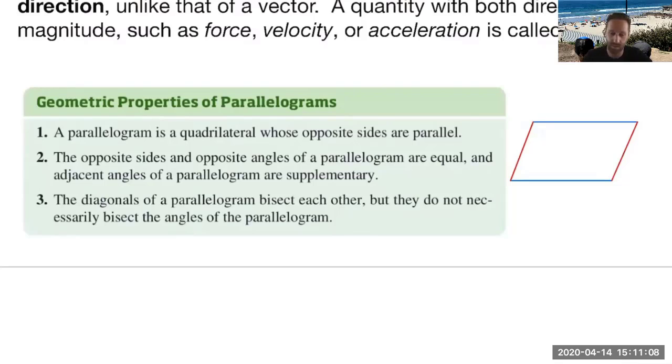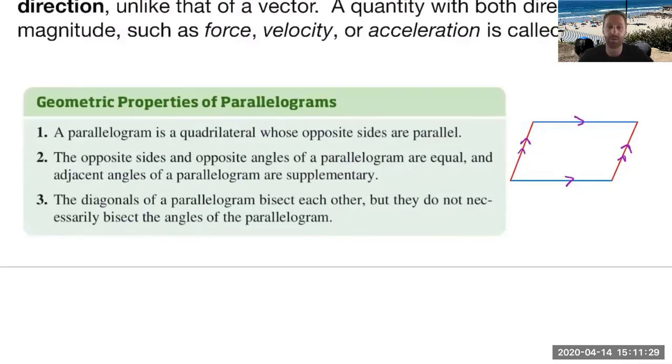When we deal with these, we're going to be looking at this quadrilateral that has opposite sides that are parallel. The way that we do that is usually by this or that notation to let you know that each of those pairs are parallel.